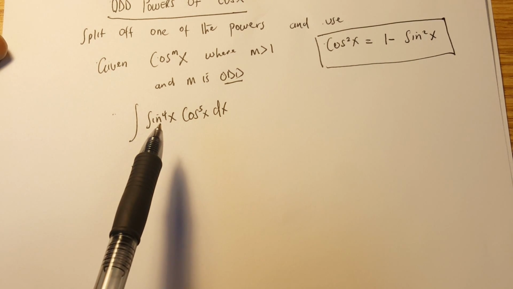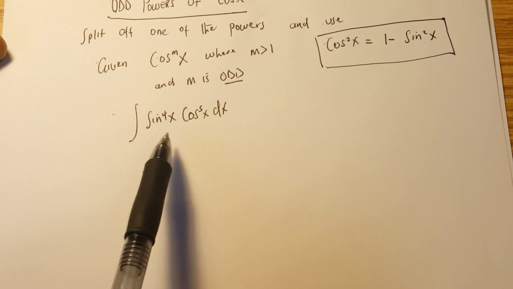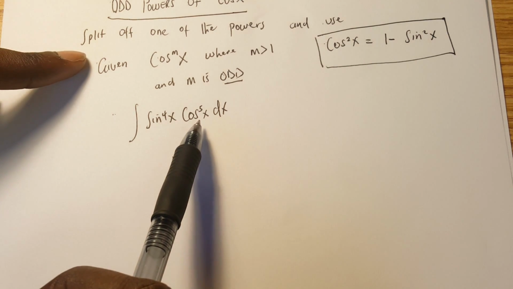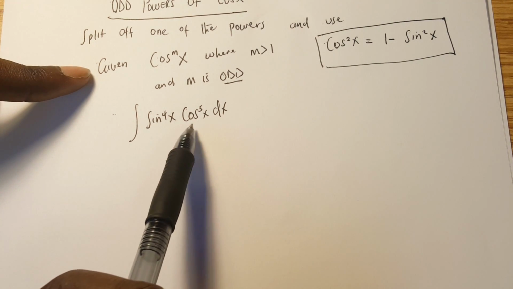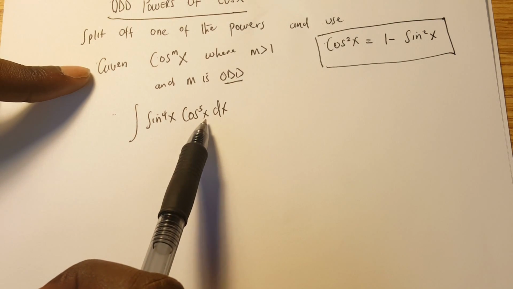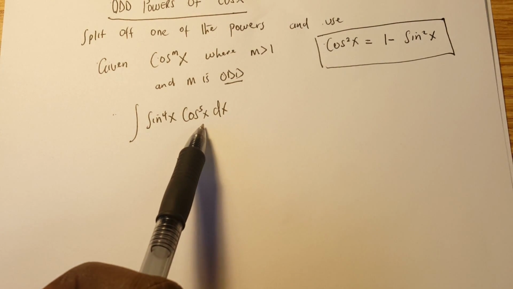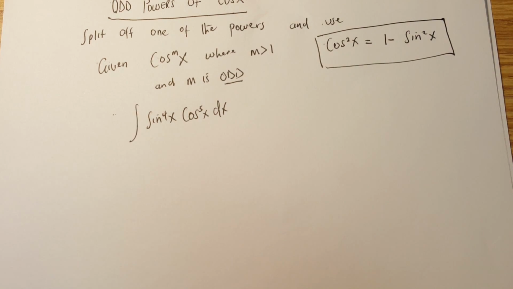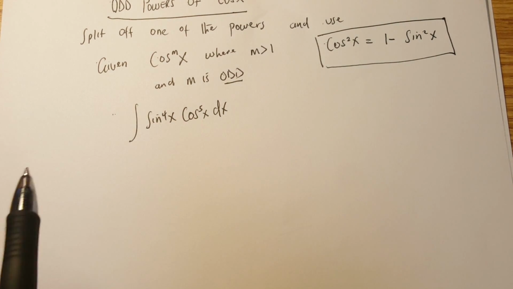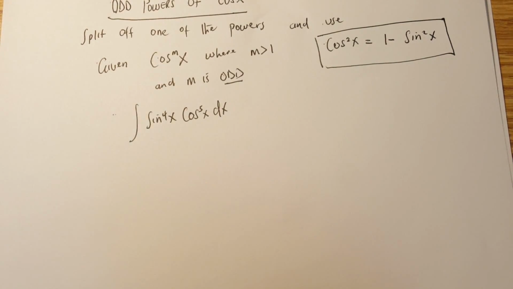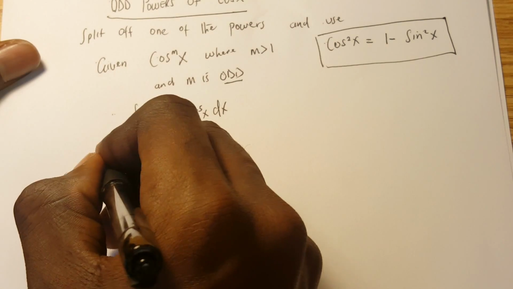We've not tackled even powers of sine yet, but we've tackled the odd powers of cosine. So we're going to take advantage of the fact that cosine here is raised to an odd power. What does the rule say? It says split off one of the powers, and we should use this trigonometric function.